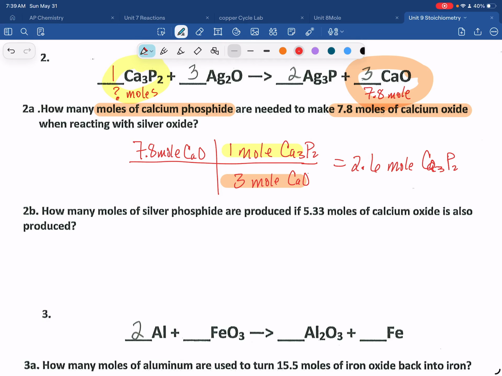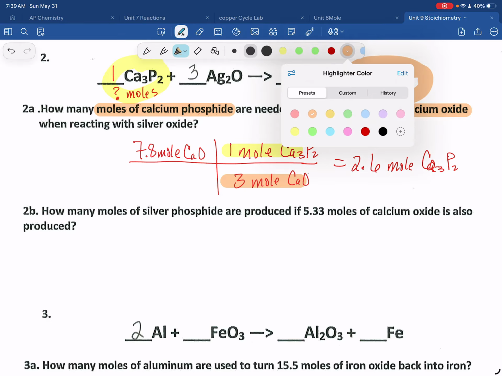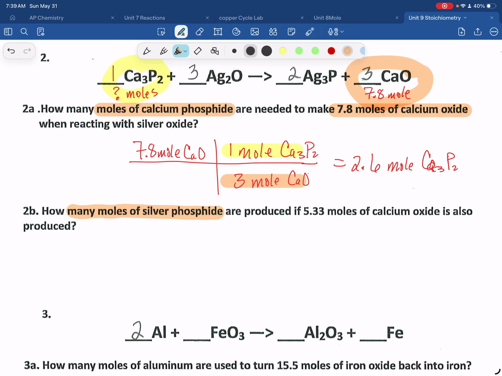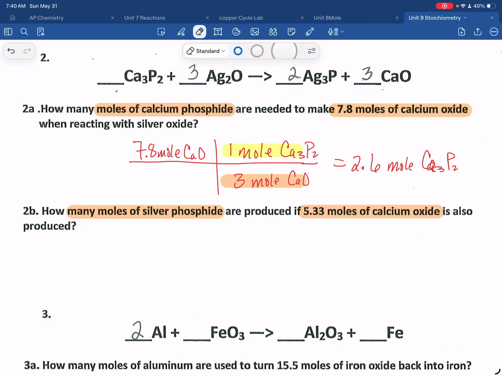My handwriting is bad today. So one more, and then I want you to do 3 on your own. Okay, so let's take a look at the last one. What does it tell us? How many moles of silver phosphide are produced if 5.33 moles of calcium oxide is also produced? Well, let's take a look. Let's reset our equation up here.